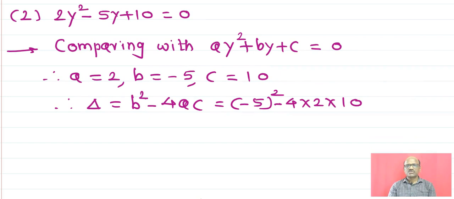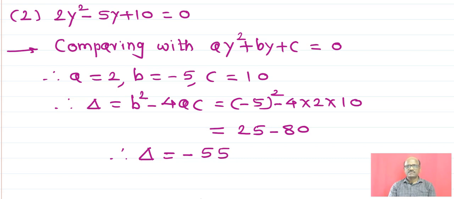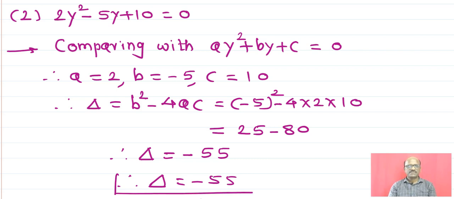That is equal to 25 minus 80, their subtraction. Therefore delta is equal to minus 55.